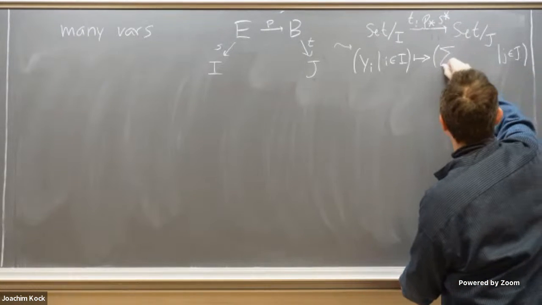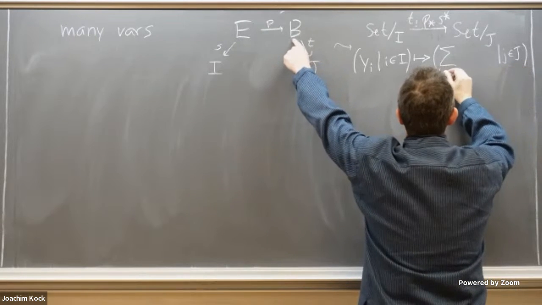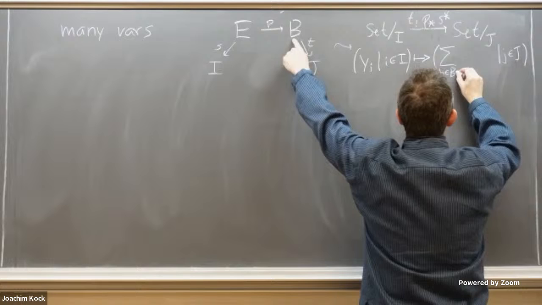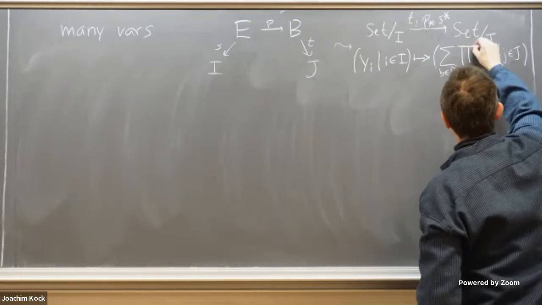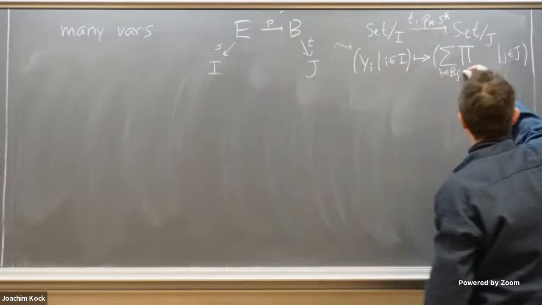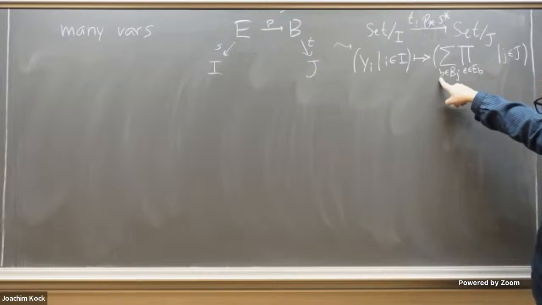So altogether, the formula is the following. You sum over the fibers of this map over the J that we're looking at. Then you multiply along the fibers of this map. So that's E in the fiber over the B we're looking at.